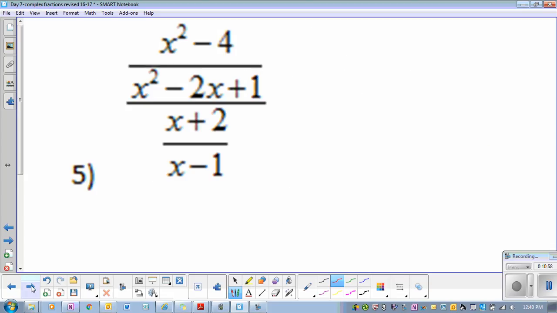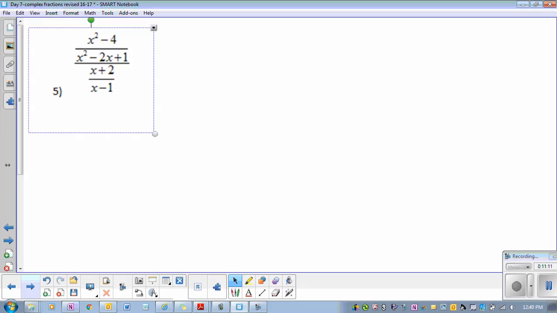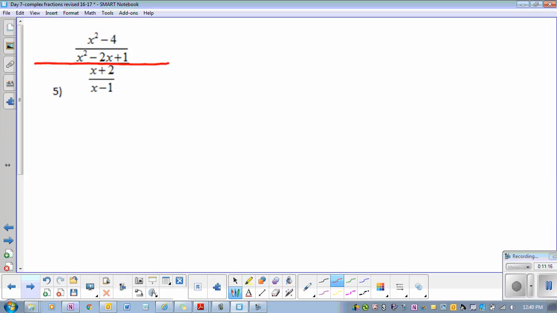Okay, let's look at number 5. Six over x squared. Alright, number 5, you need to draw your line just a little bit longer so you can differentiate between your numerator and your denominator, okay? So, look at your numerator. Can you simplify? Yeah, you need to factor this.